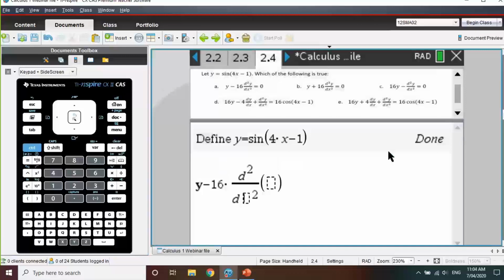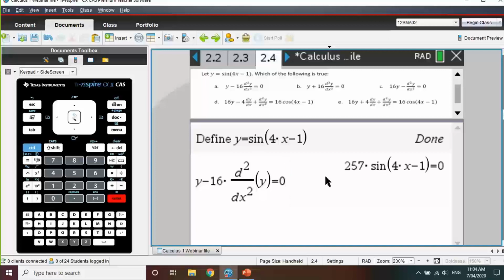So we can click enter and then type in x and y, and we want this to be equal to 0. Now note that at the moment y is in bold. That's because we've just defined it above here. So pressing enter, we're getting some garbage as an output. So we know that that's not true. So we can go ahead and try the next option, y plus 16.